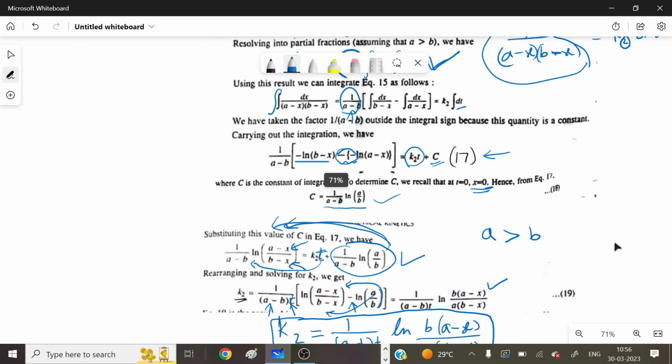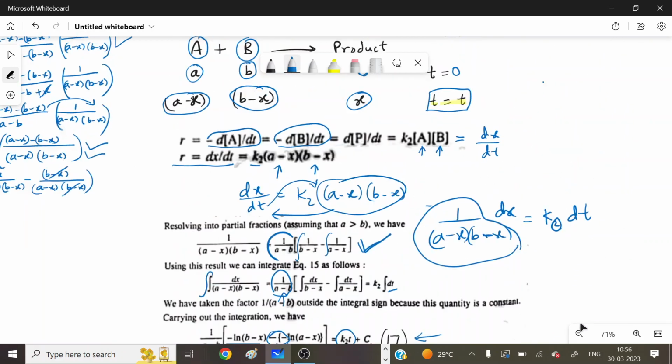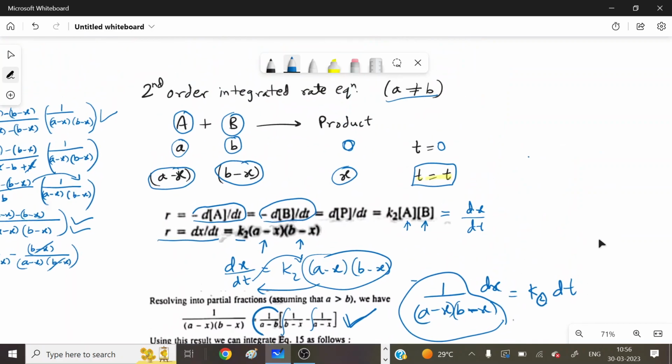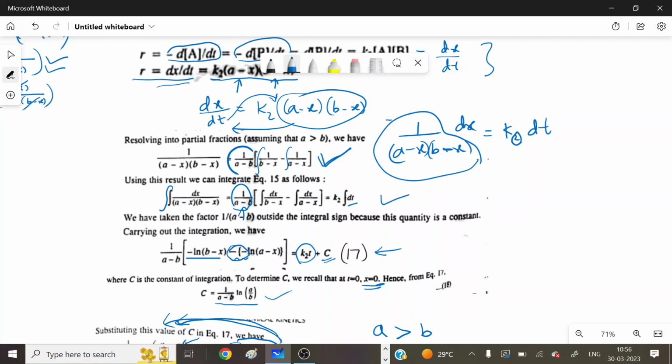So again I will recall the steps. First write down the equation and concentrations, then rate is equal to dx upon dt, k2 (a minus x)(b minus x). Then integrate it.